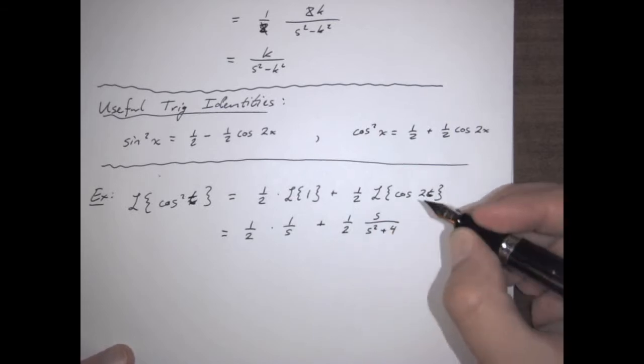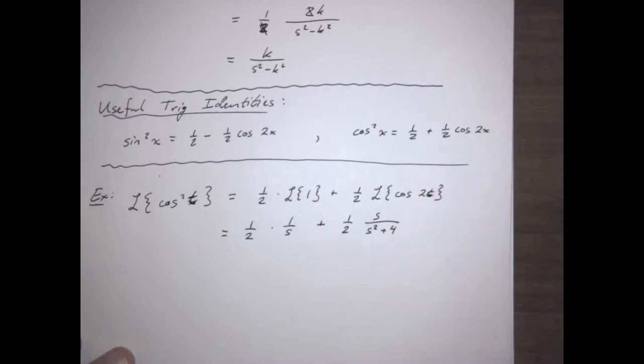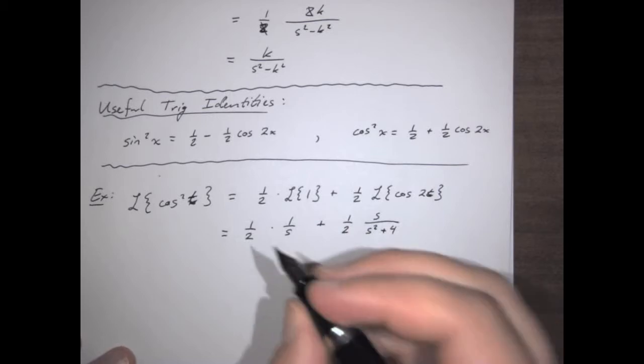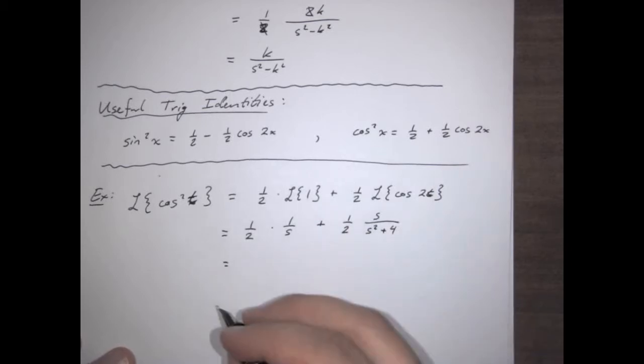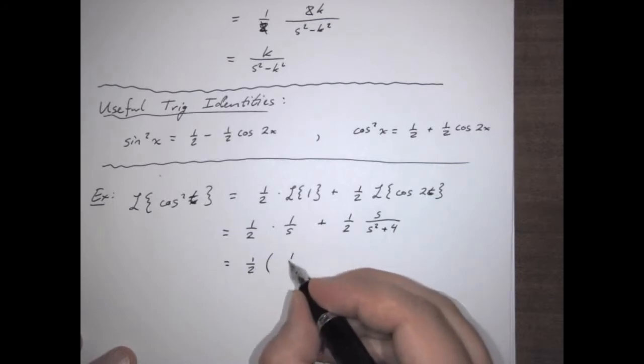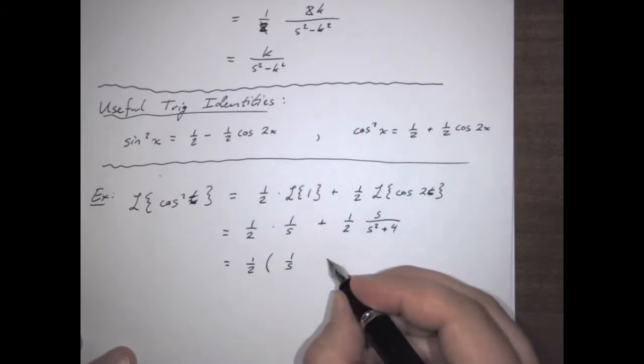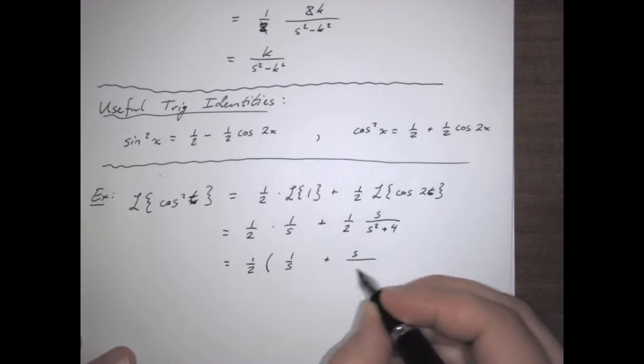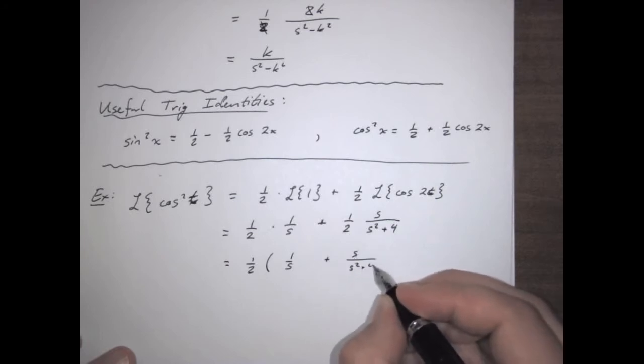The minus was for cosh. So trig is plus, hyperbolic trig is minus. That's the important thing about that. Okay, so then that's 1/2 times 1 over s plus s over s squared plus 4.